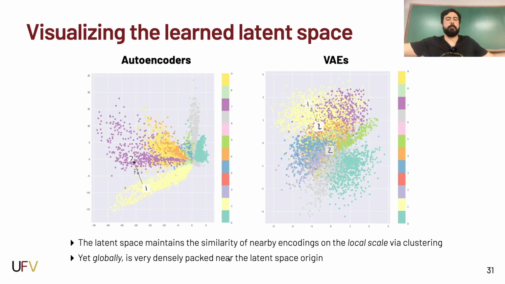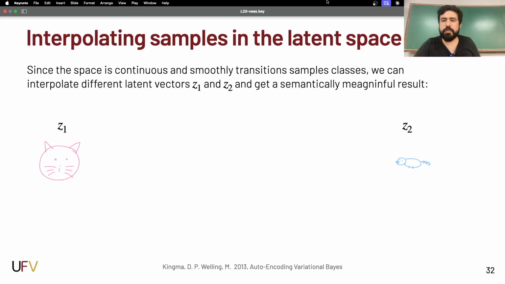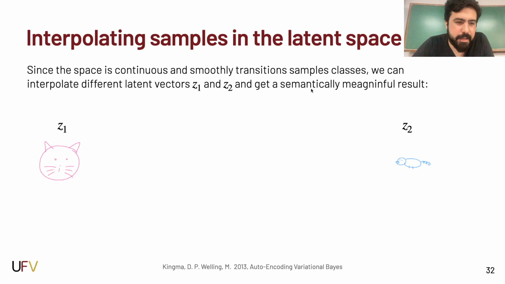So this gives us a very interesting embedding, and let me show you some cool applications. You could interpolate in the latent space, because now you have this continuity, which means that any point here is going to be decoded into a real output. So you can play with this.